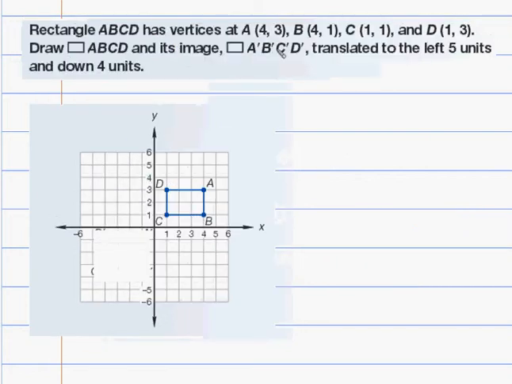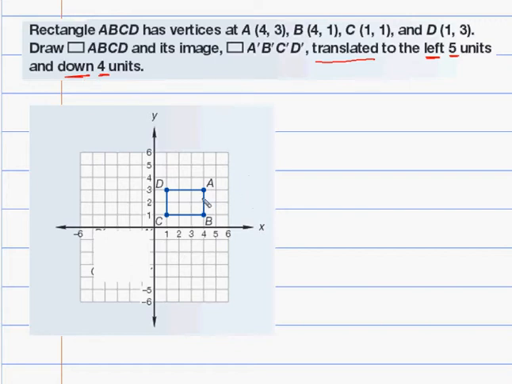Okay, here's another example. This is a rectangle ABCD. It gives us the vertices, and we plot those points. And you label them with the A, the B, the C, and the D. Now we're going to draw its image, A prime, B prime, C prime, D prime, translated to the left 5 units and down 4 units.